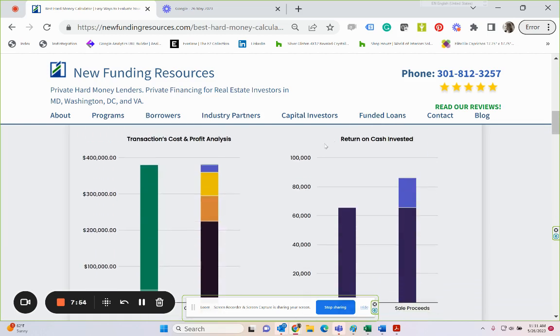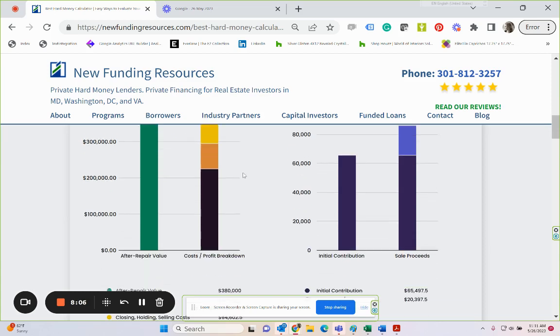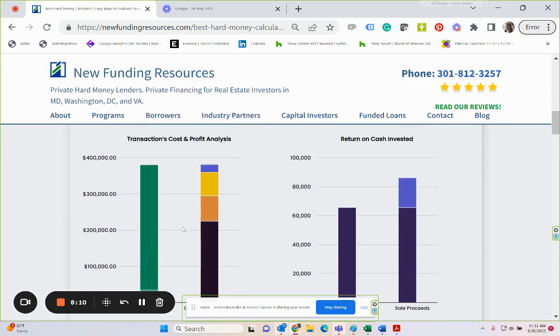So let's scroll down here to these two charts, which are analyzing in a visual way transaction costs and profit analysis. Let's say here the green button represents your after repair value. Remember, we put 380,000. This is what the buyer would be paying you at the end of your transaction when you're selling your home.